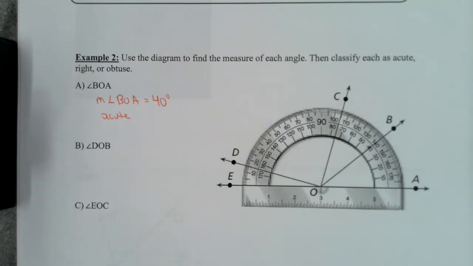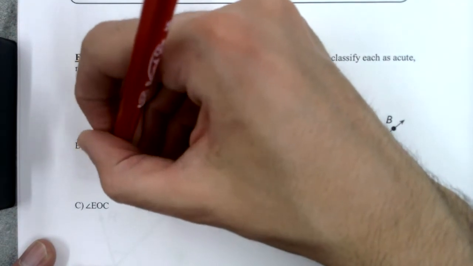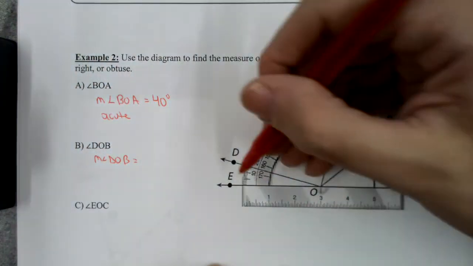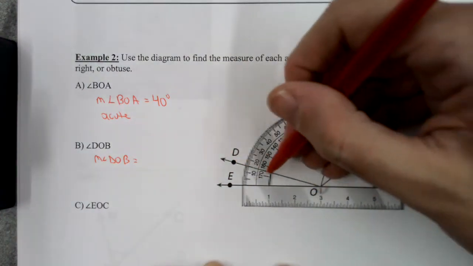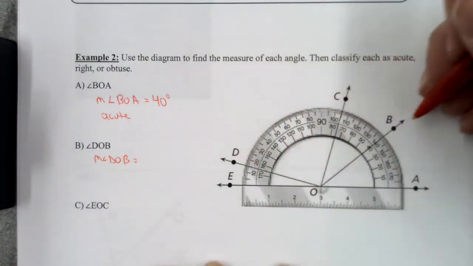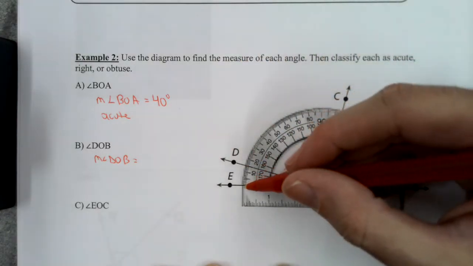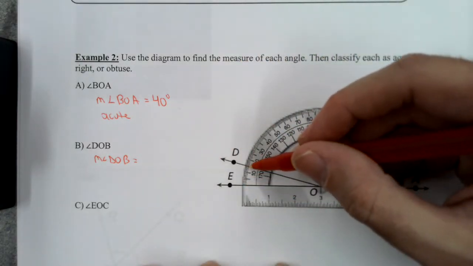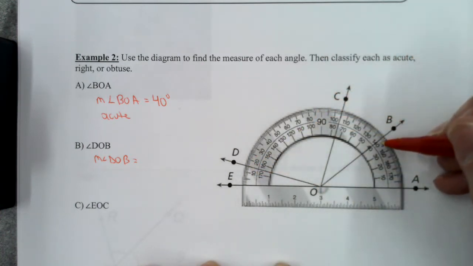Part B, the measure of angle DOB. First things first, this angle is bigger than 90. It does not start at 0, it starts at 15. See, it's between 10 and 20.